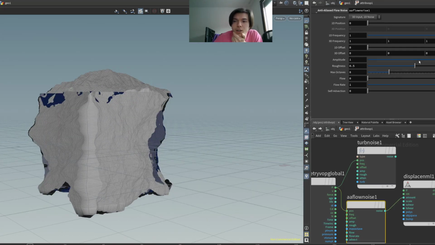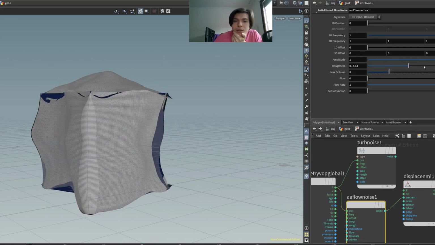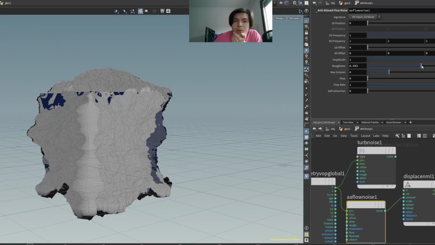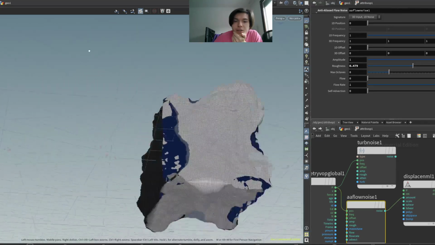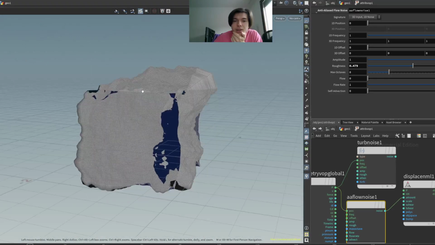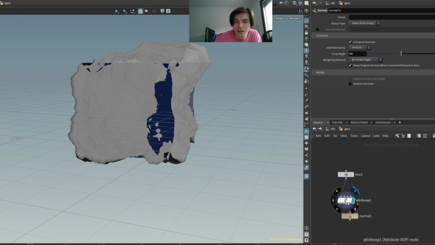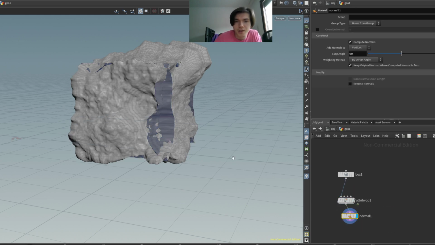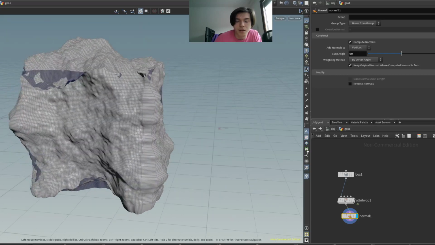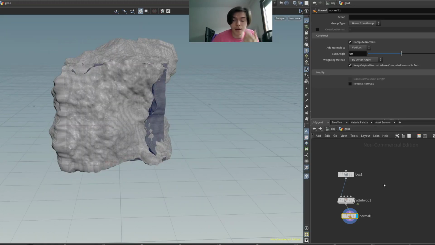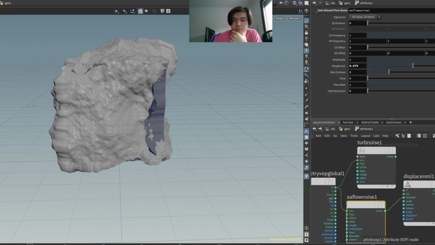The question is, what if the roughness goes up? Okay, roughness going up is actually not that interesting, to be honest. And what is also not that good is that we are apparently having no normals. So either this thing, or having normals before could potentially solve that, but it's okay, I think.